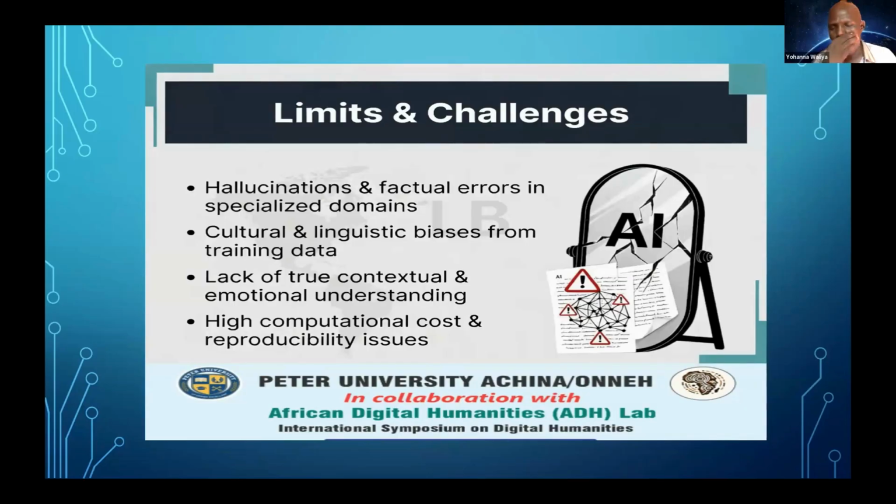For example, you ask the computer to describe somebody, and it mistakes that person for another person. Instead of giving you information about the particular subject, it may bring in something that doesn't exist or doesn't link with the information you're looking for.